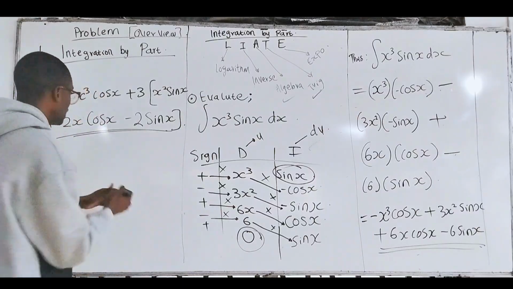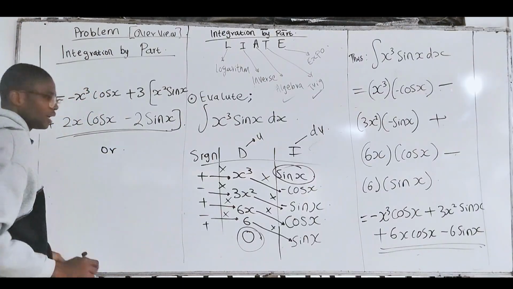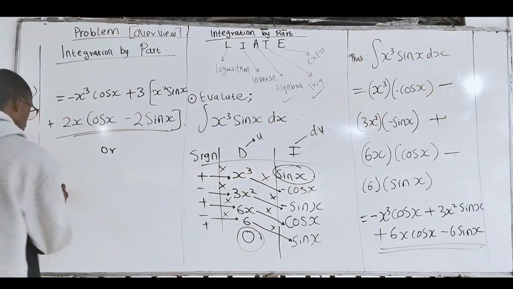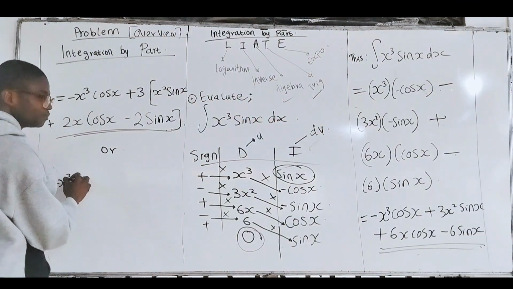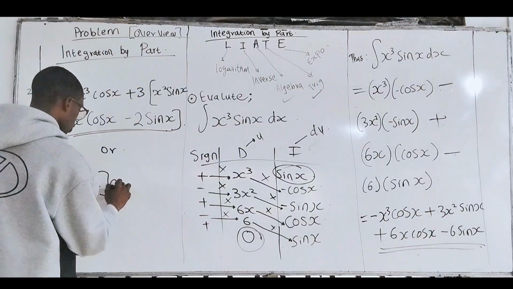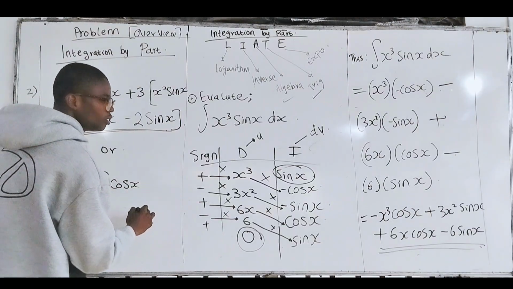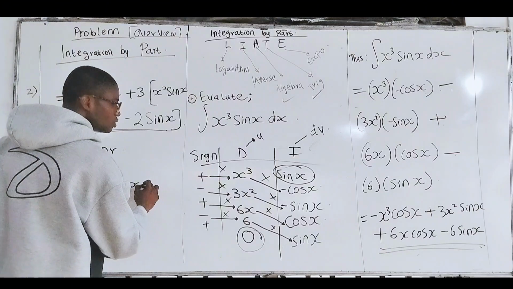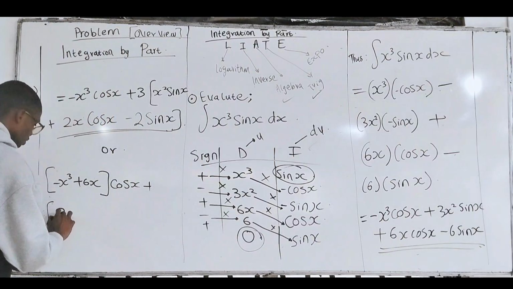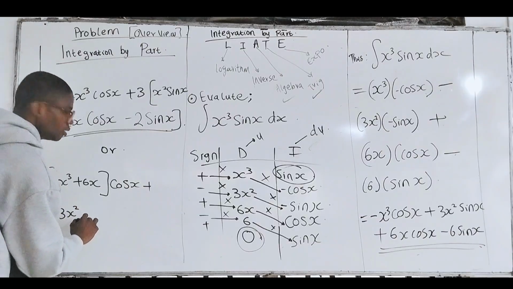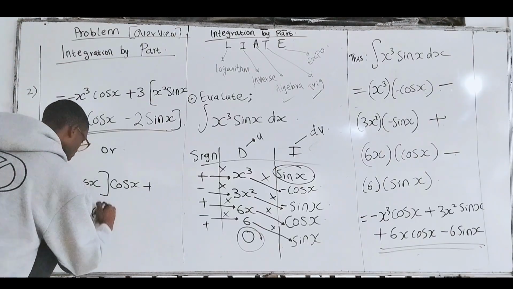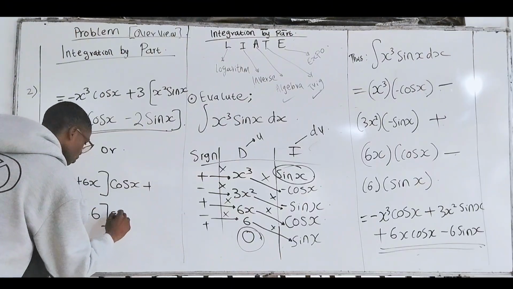Another way I can write this is to bring the two cos together and factor out cos. It will become minus x cubed plus 6x, right? Cos x. Then bring the sine together and have 3x squared minus 6, sine x.